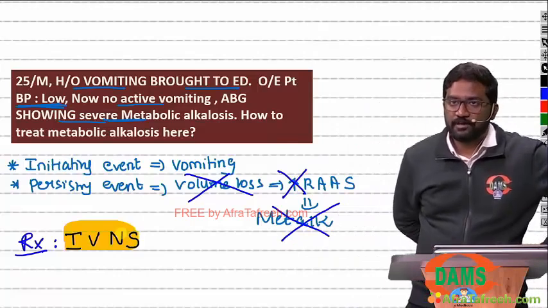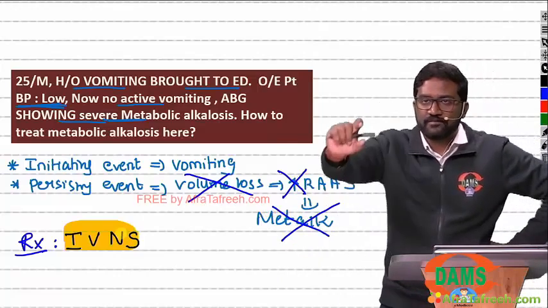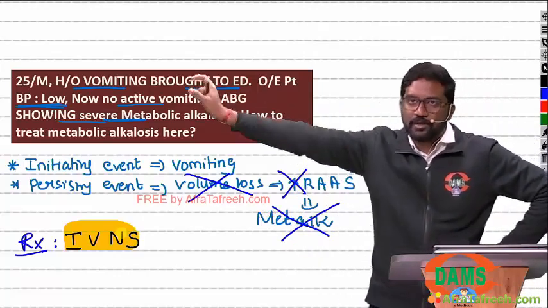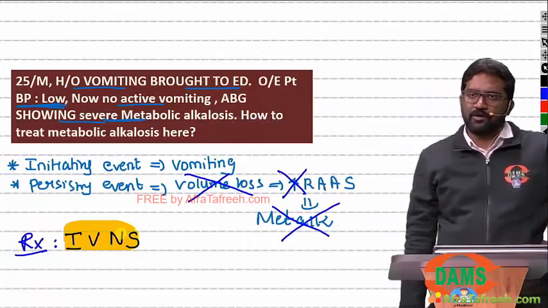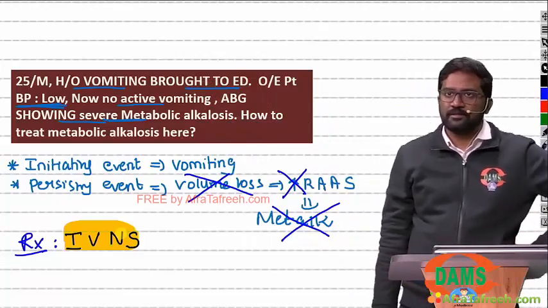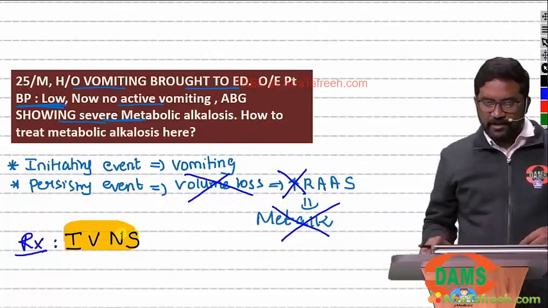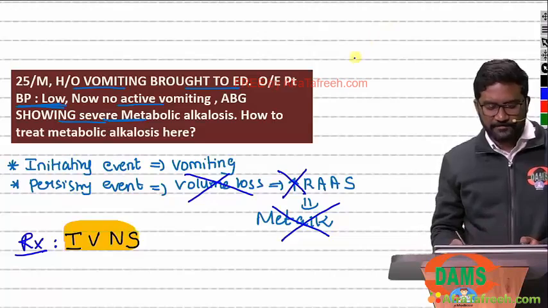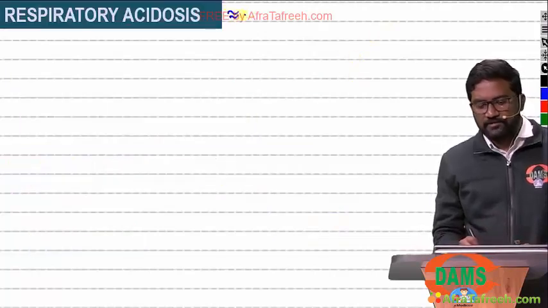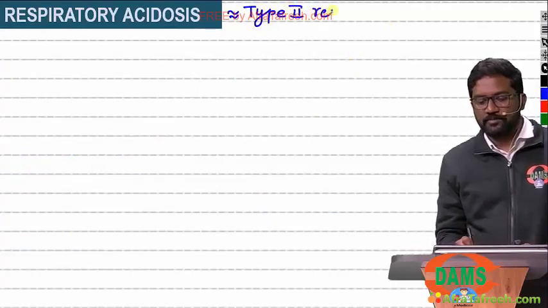So respiratory acidosis is nothing but equal to type 2 respiratory failure. Already we have discussed the mechanisms and various causes. So write down: respiratory acidosis is similar to type 2 respiratory failure.